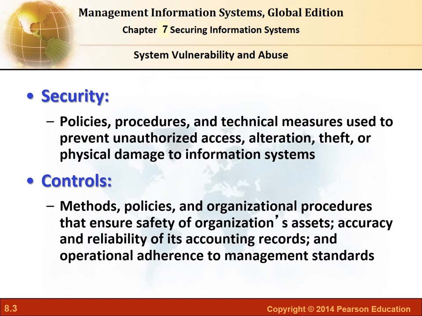In order to safeguard information systems, today's businesses need both security and controls. Security means policies, procedures, and technical measures used to prevent unauthorized access, alteration, theft, or physical damage to information systems.